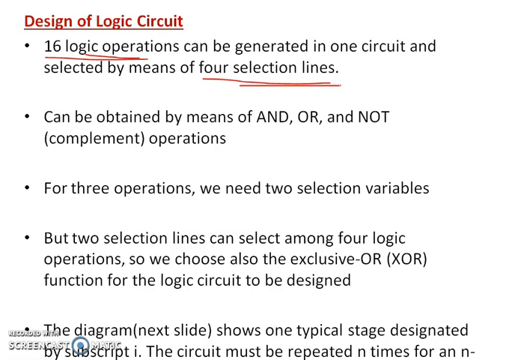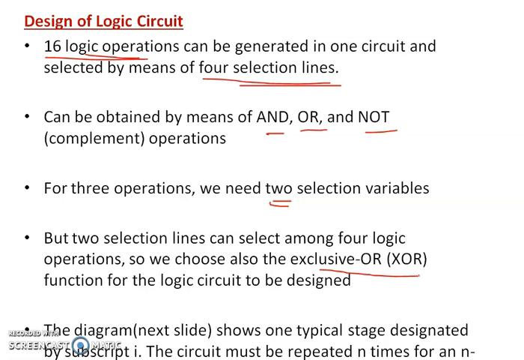So if I'm using only these operations, AND, OR, and NOT, then it requires only 2 selection variables. But 2 selection variables means 2 raised to 2, a maximum of 4 operations you can include. So in order to make it 4, one more operation will be included, that is the exclusive OR function also.